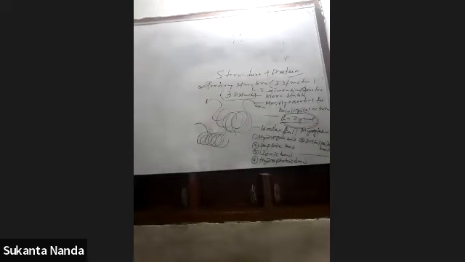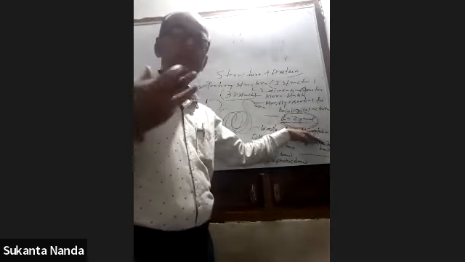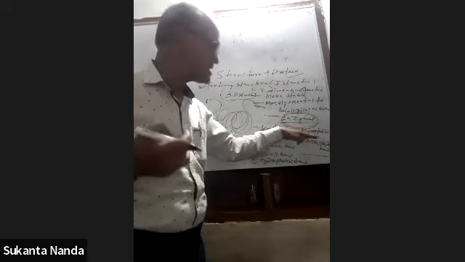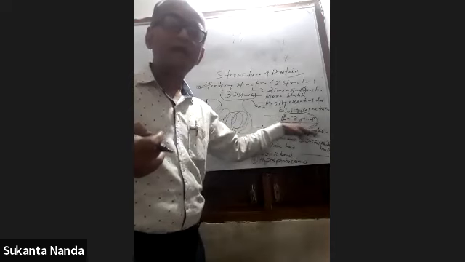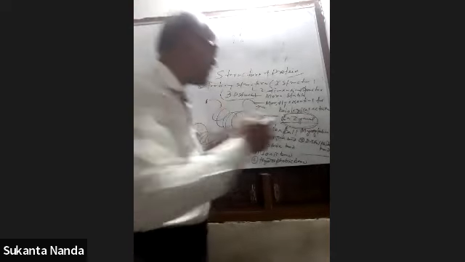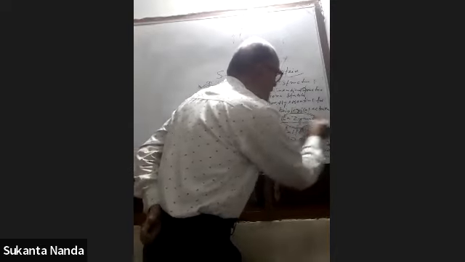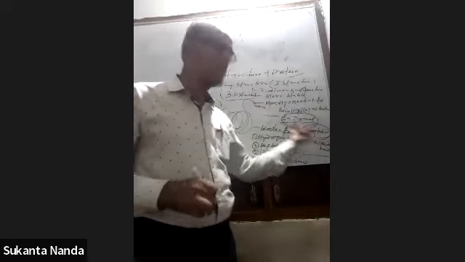What is myoglobin? Myoglobin is basically found in muscles. It is an oxygen carrying pigment found in muscle cells. That you have to remember. Myoglobin is a protein, but what does it carry? It carries oxygen.